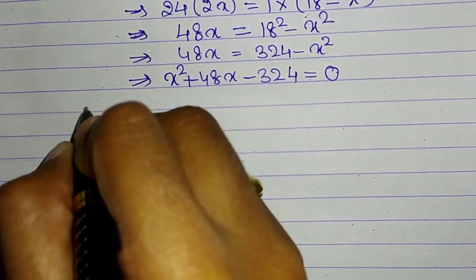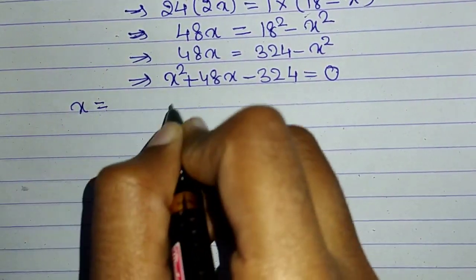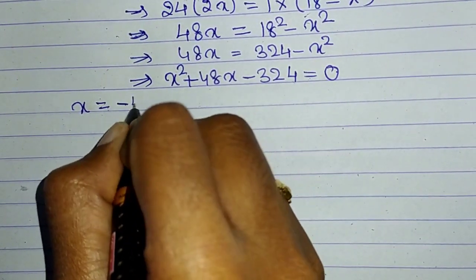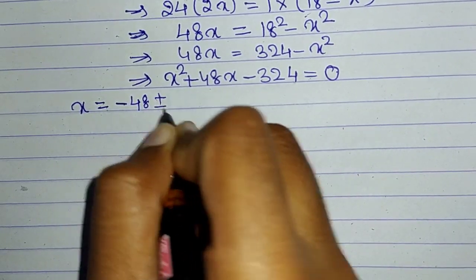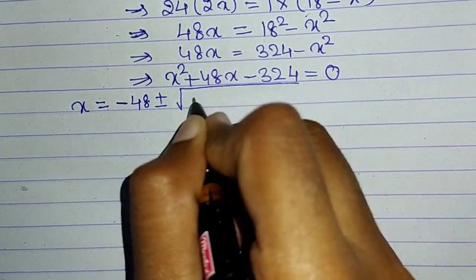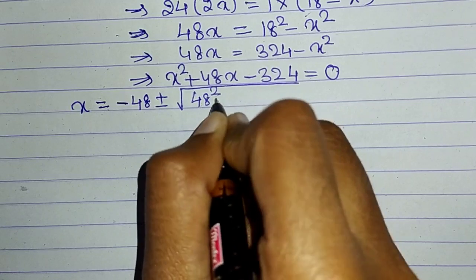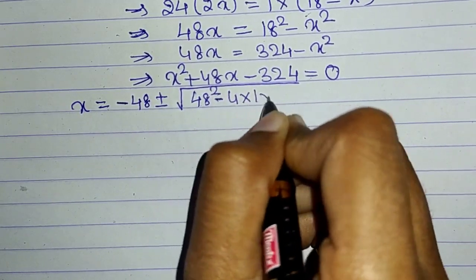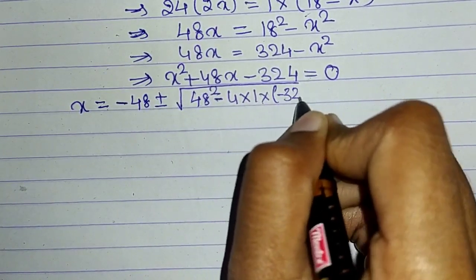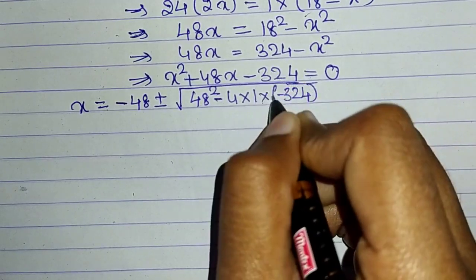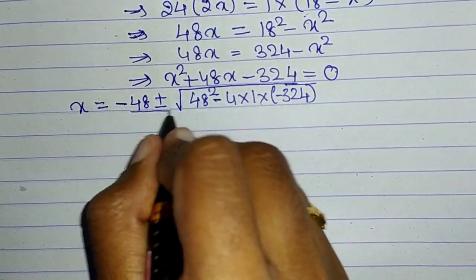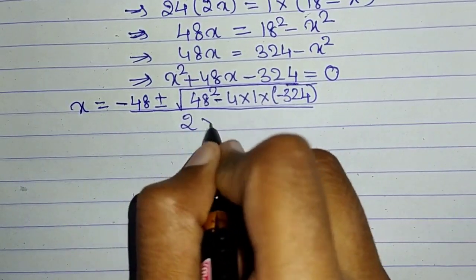So now using the quadratic formula, we get x is equal to minus 48 plus or minus under root 48 square minus 4 into 1 into minus 324, because c is minus 324, whole divided by 2 into 1.